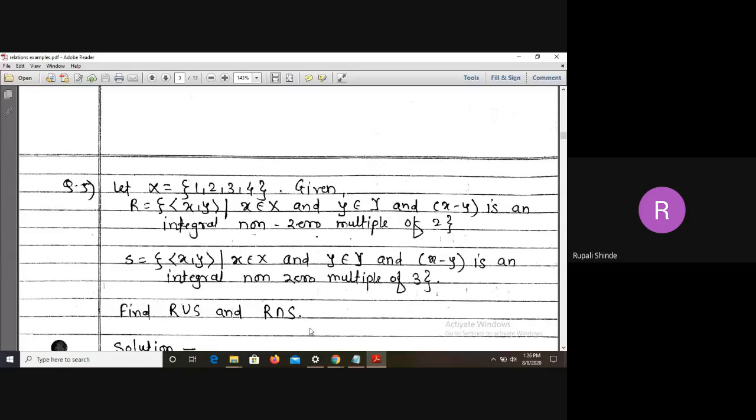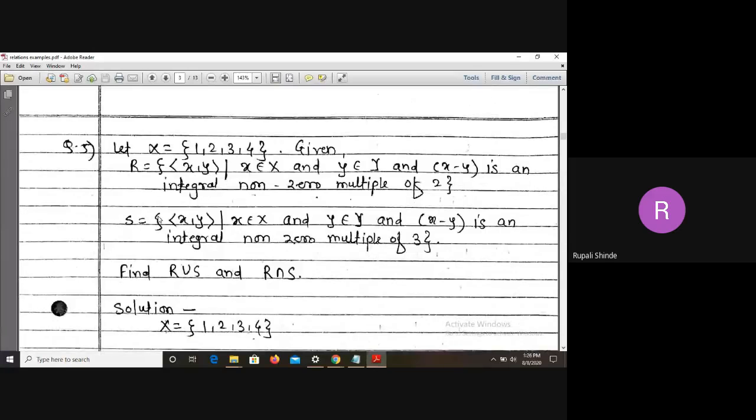Okay. So for that purpose, first we need to find what are the different ordered pairs in relation R and S. So first of all, we are going to consider relation R. Here we have to define these two relations on set X, where X contains 4 elements, 1, 2, 3, 4.